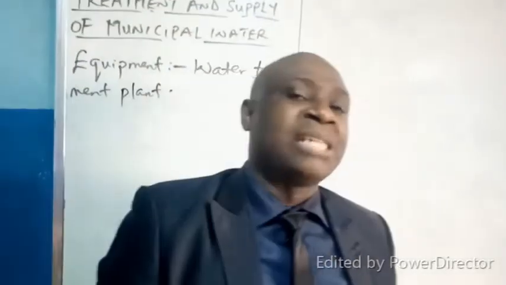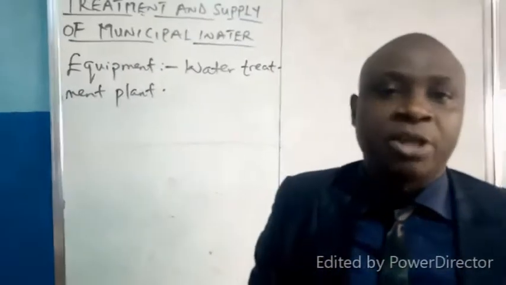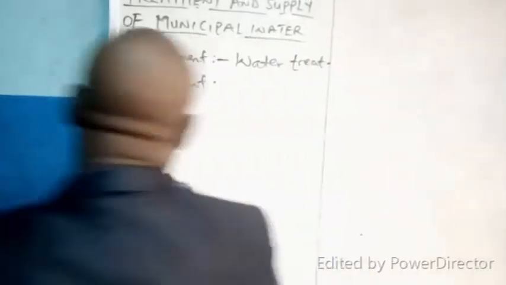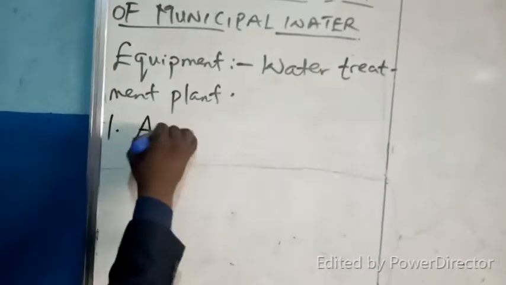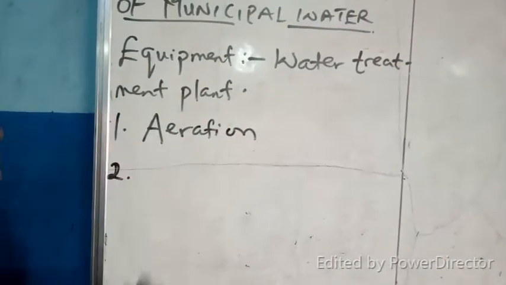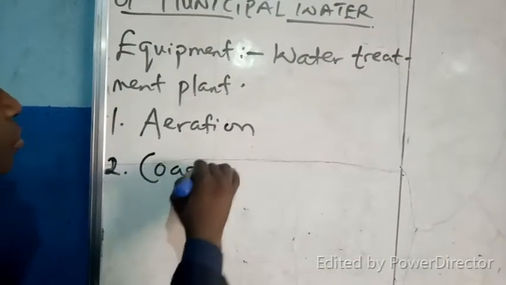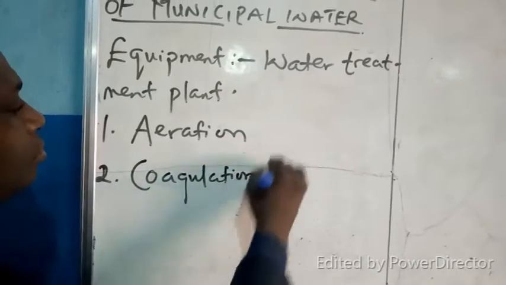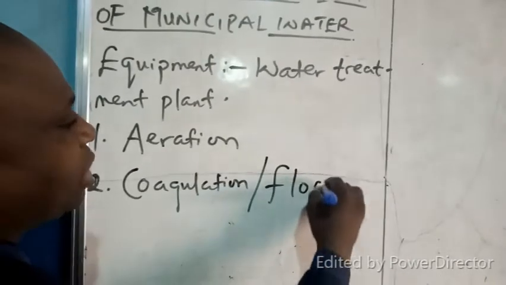Now in this plant it has various stages, and I am just going to list them out. The first stage is aeration. The second stage is coagulation/flocculation.